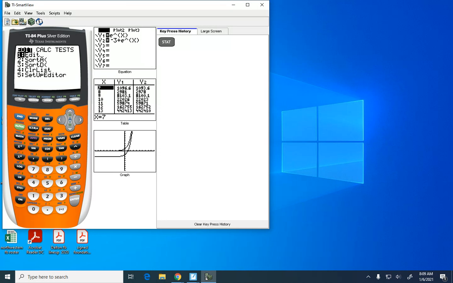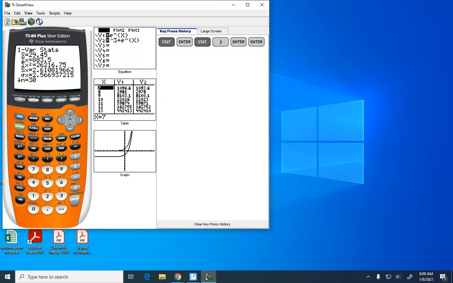You go to stats, you go to edit, and you just list your data values here. Then if you go to stat once again and calculate your one variable statistic, you'll be able to come up with our values.